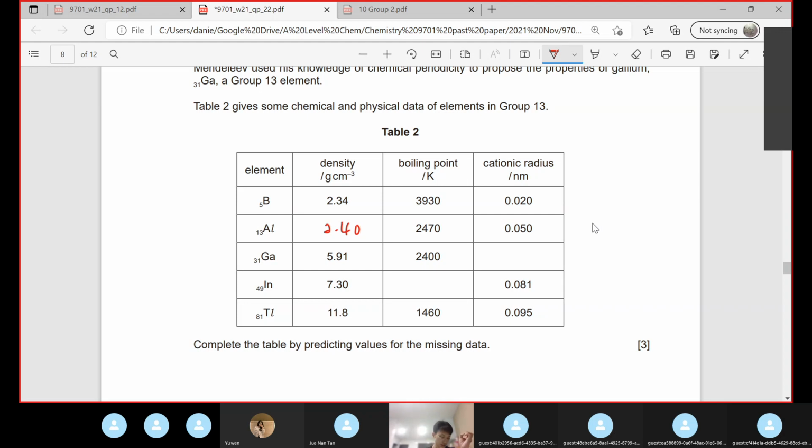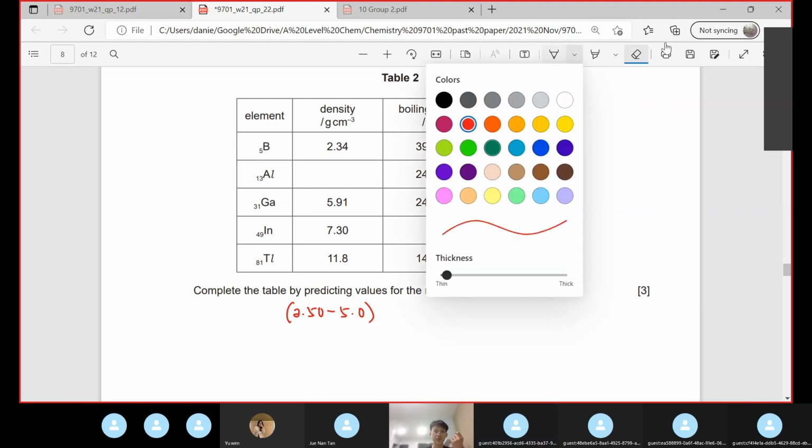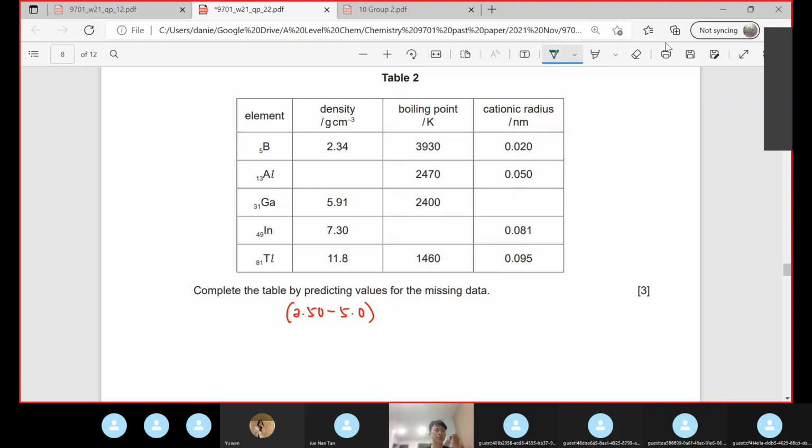As for the answer, the accepted range is between 2.5 and 5.0. If you write 2.4 or even 5.1, they will mark it wrong. So my advice for predictions is to always write a value close to the midpoint.